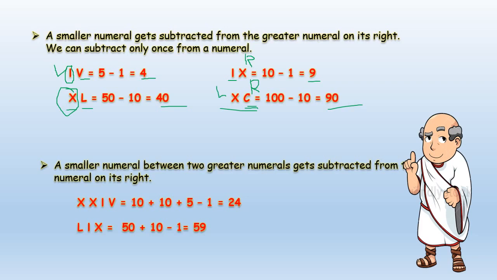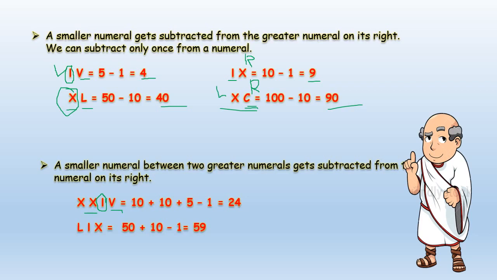So here you see 10, 10, 1 and 5. Which smaller number is coming between the two greater numbers? That is this I. Yes. And on the right hand side we have 5 and on the left hand side we have 10. So in this case we will subtract this smaller number from the number which is on the right hand side.